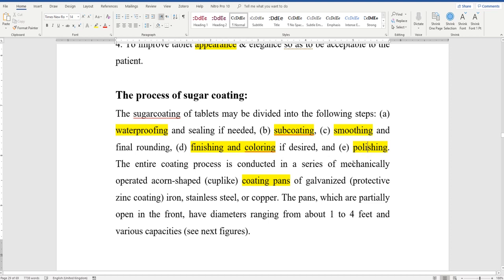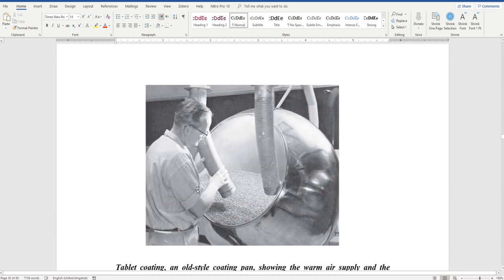Now I want you to imagine the situation. We are having the coating pans. Coating pans are cup-like shape or acorn shape. You know acorn, it's a certain fruit from a tree. And this is how it looks like. Although this is an old style coating pan, it can be used.